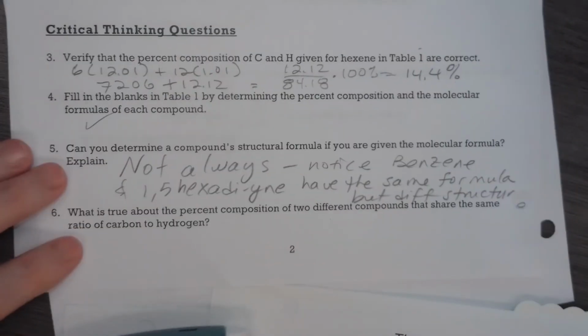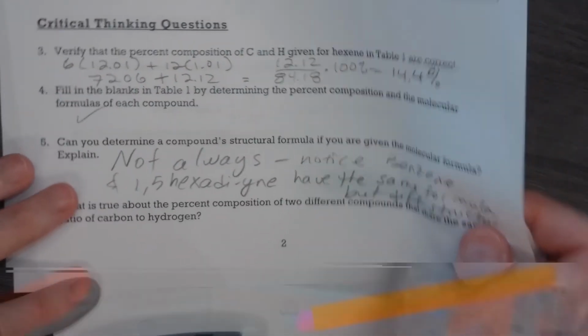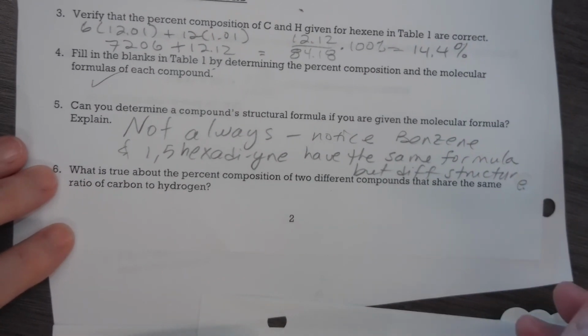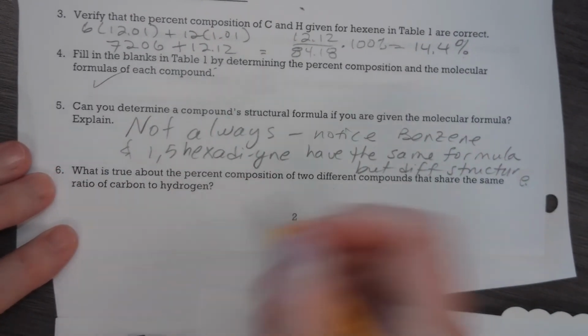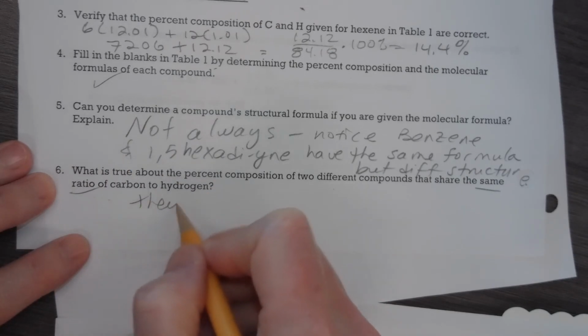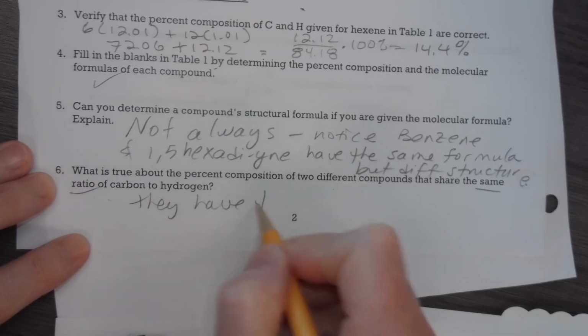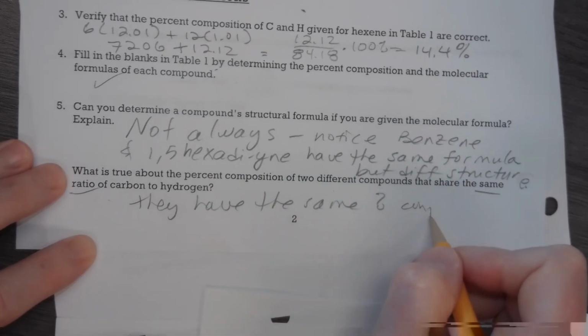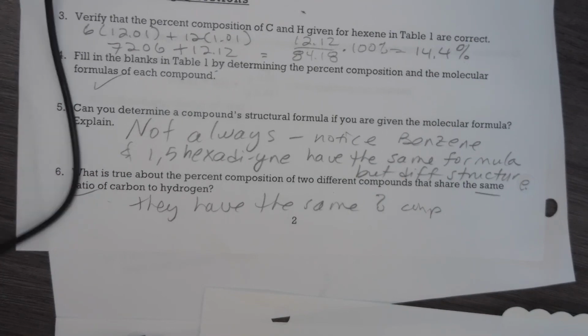So, not always. What is true about the percent composition of two different compounds that share the same ratio? If they share the same ratio, they have the same percent composition. That's the end of page 2.